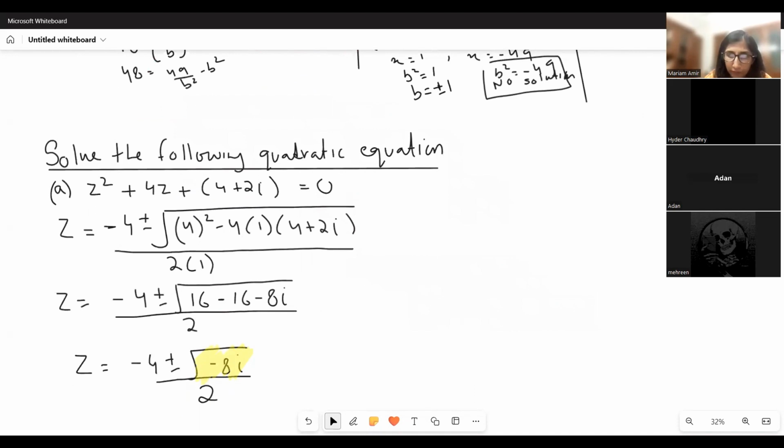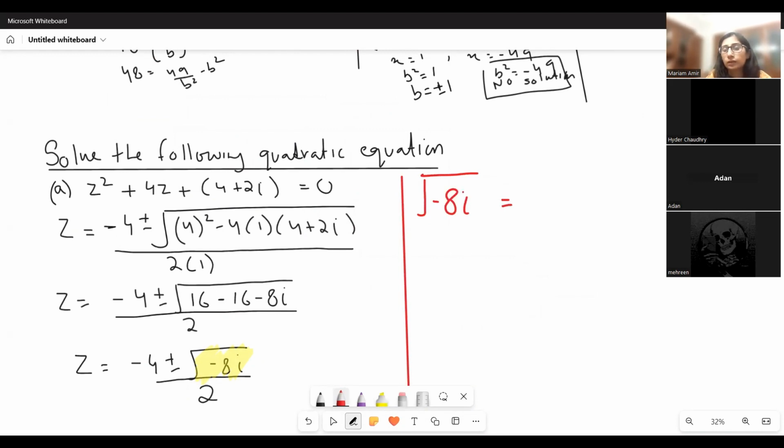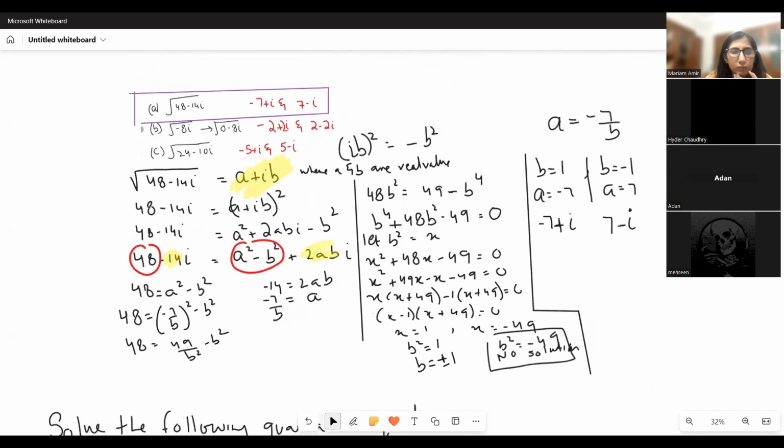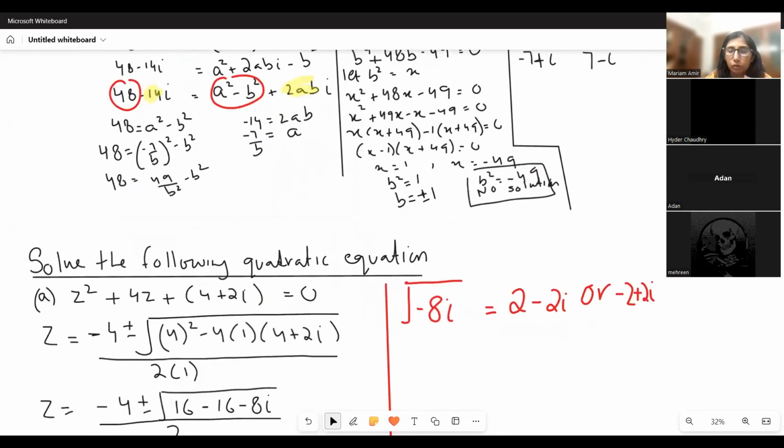So we've done this already yesterday. It was yesterday's homework that finds square root of minus 8 iota. So that is coming out to be 2 minus 2 iota or minus 2 plus 2 iota.